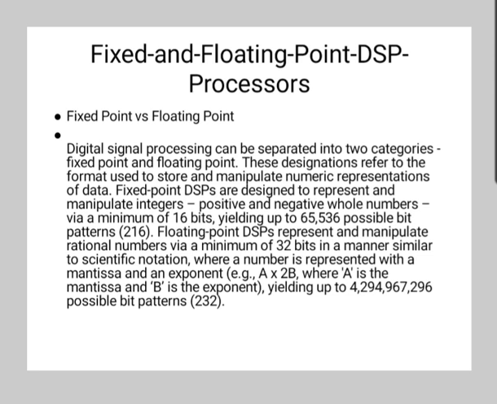Fixed point DSPs are designed to represent and manipulate integers, positive and negative whole numbers, via a minimum of 16 bits yielding up to 65,536 possible bit patterns. Floating point DSPs represent and manipulate rational numbers via a minimum of 32 bits in a manner similar to scientific notation, where a number is represented with a mantissa and an exponent.